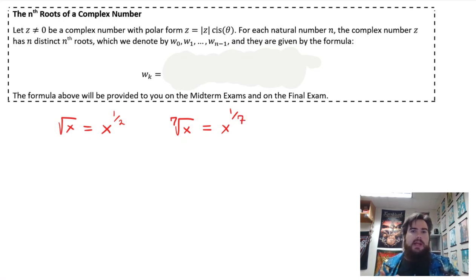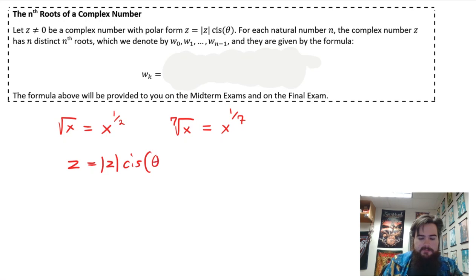That means we should be able to apply the concepts of the power rule to this, but there is going to be a caveat to this. If you consider the complex polar form of z equals modulus of z cis of theta, well, that is technically the complex polar form for this particular value.